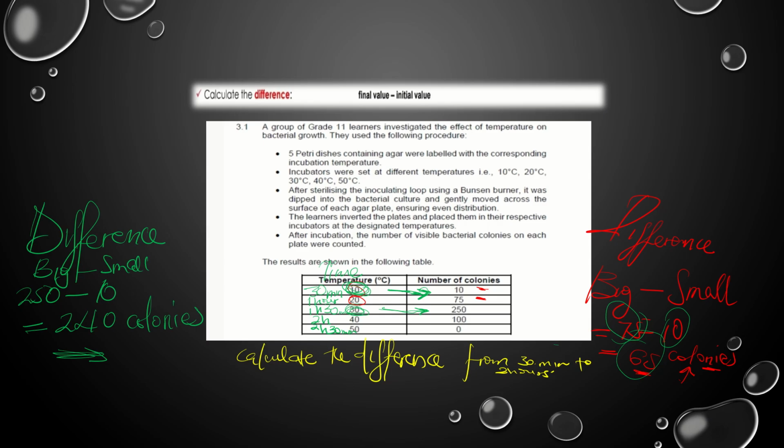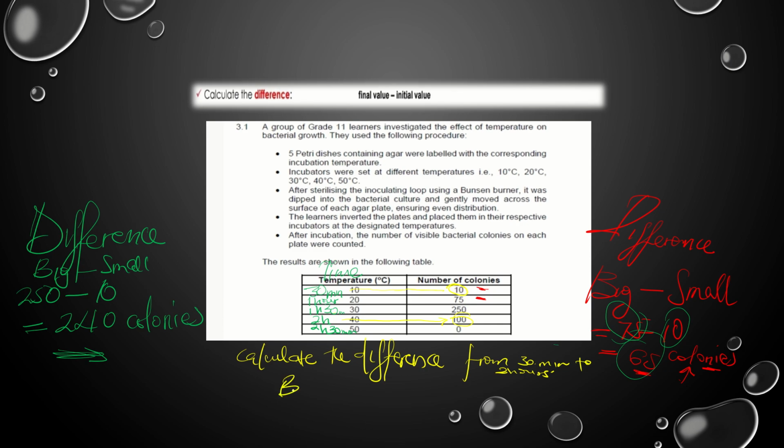We go to 2 hours. Here at 2 hours, we have 100 colonies. And within 30 minutes, we had 10 colonies.